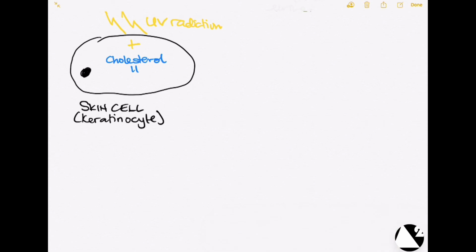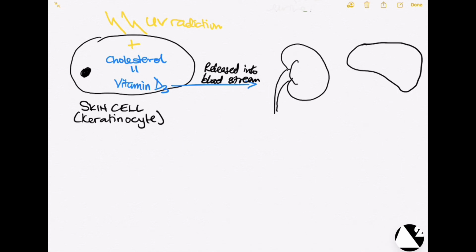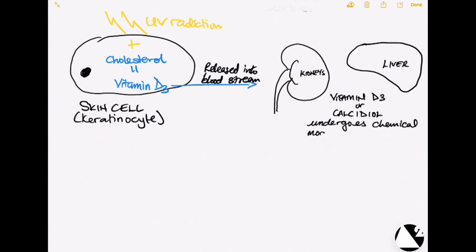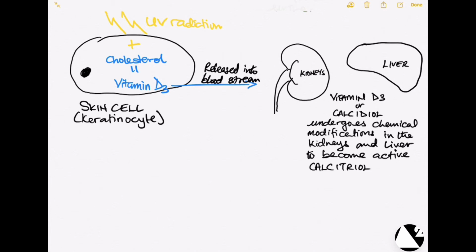Ultraviolet radiation converts cholesterol to vitamin D3, and vitamin D3 is carried in the bloodstream to the liver, where it is converted into a prohormone known as calcidiol, or inactive vitamin D. Calcidiol undergoes chemical modification in the kidney to then become active calcitriol.